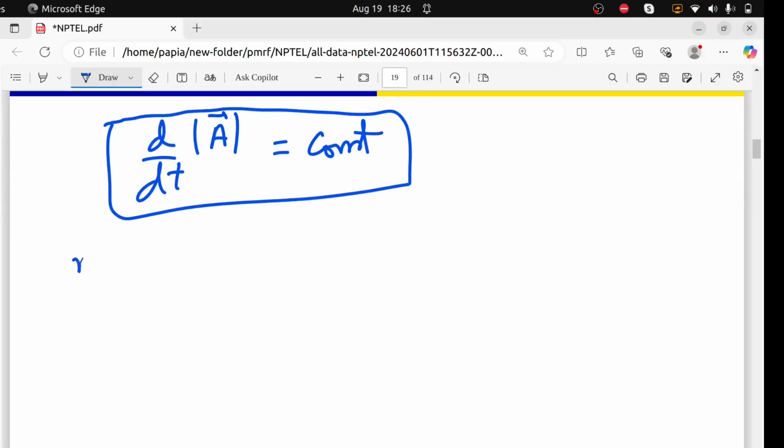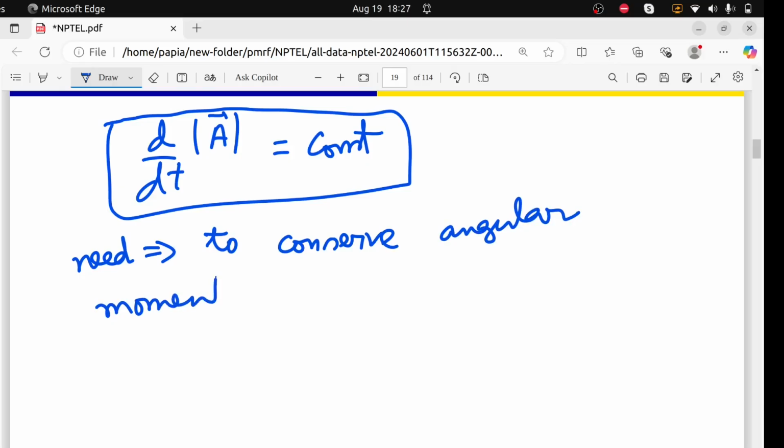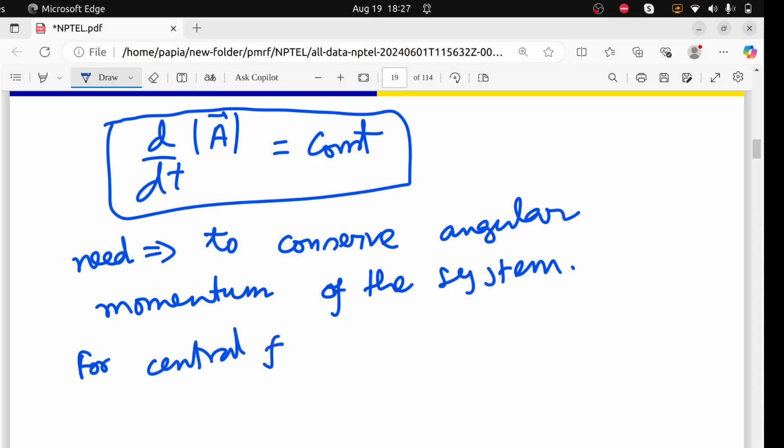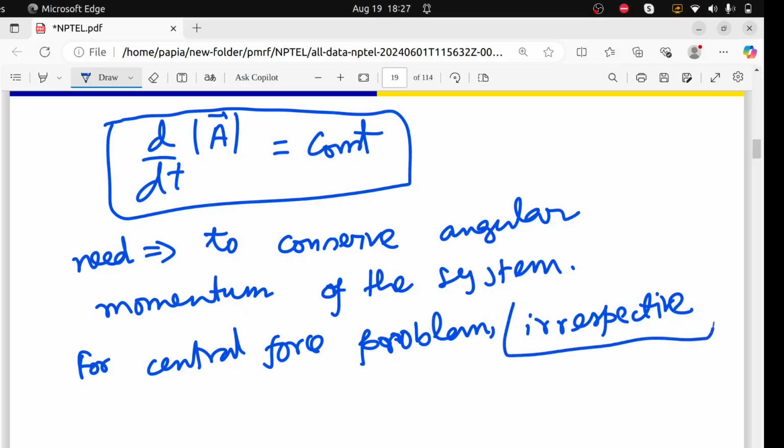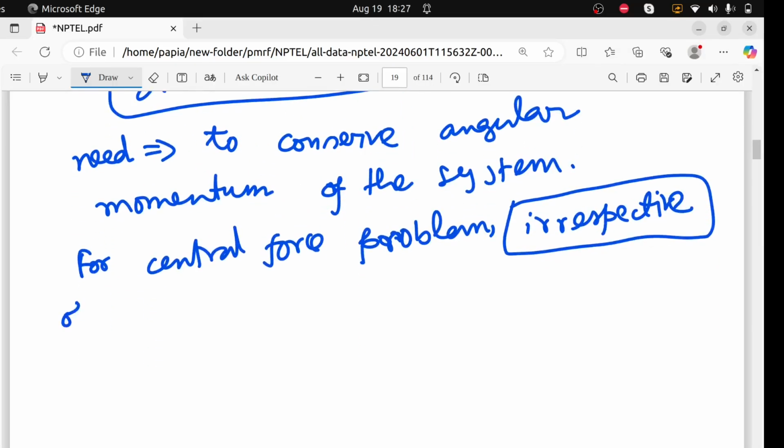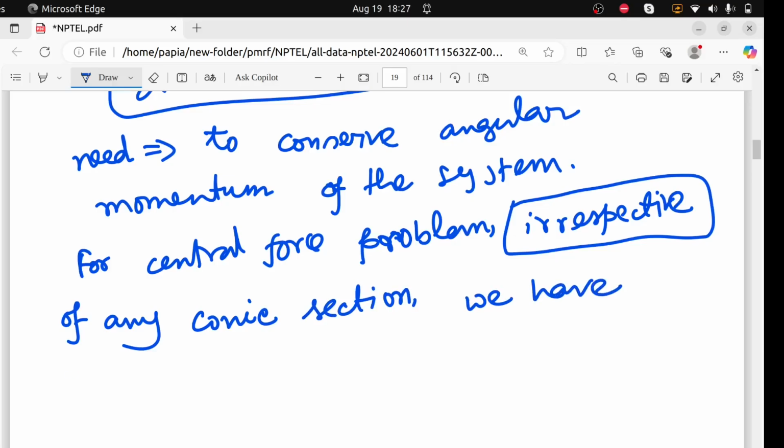We just need to conserve angular momentum of the system, and for central force problem, irrespective of any conic section, it is very important, we have L as constant, right?